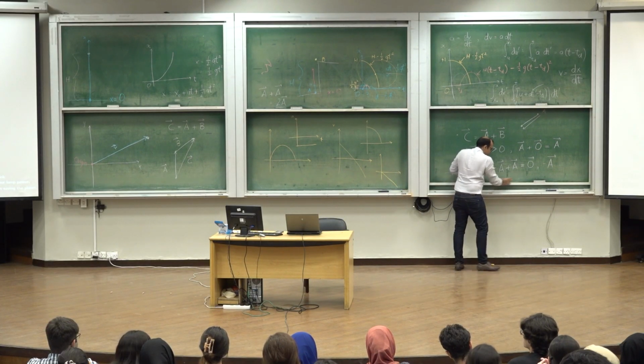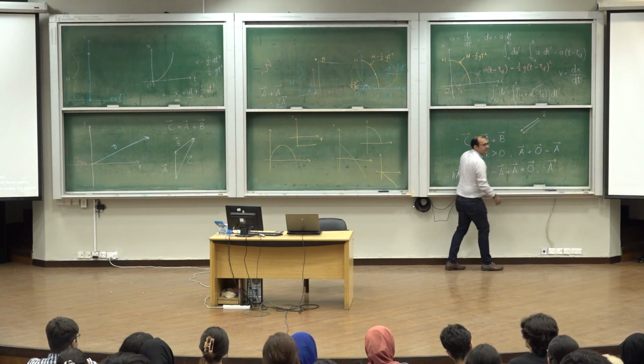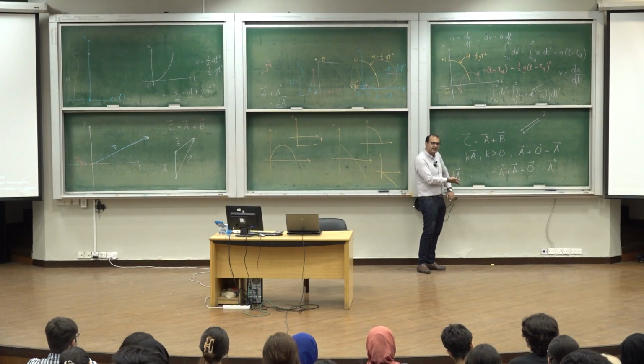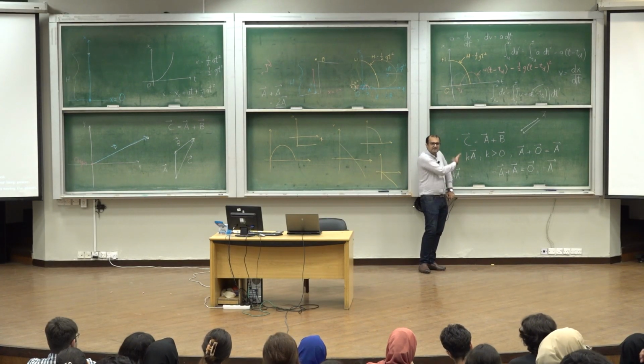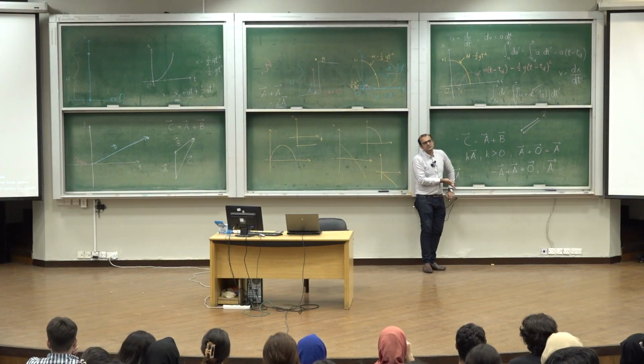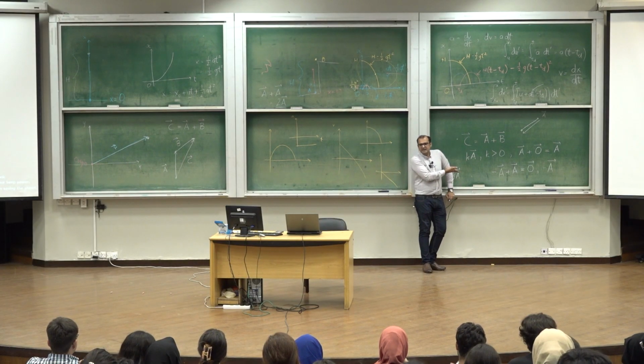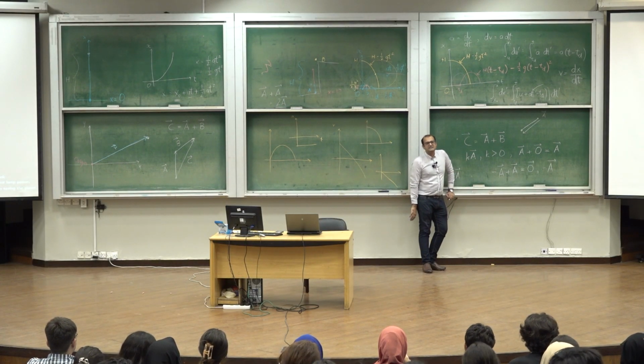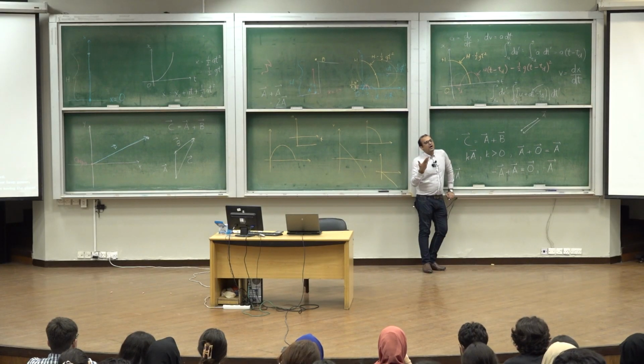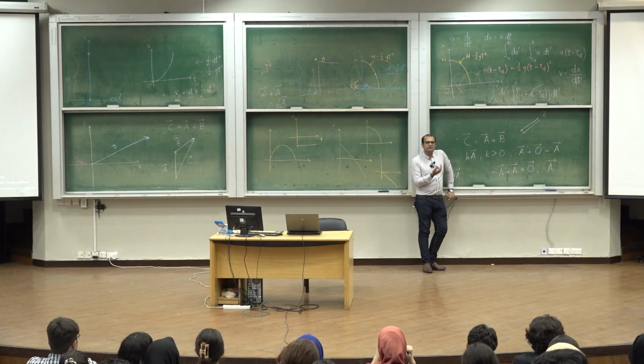Okay, so the next thing we have to do is formulate a smart scheme to manipulate vectors using these rules. This is a very clumsy scheme. It's analogous to asking why multiplication was invented.